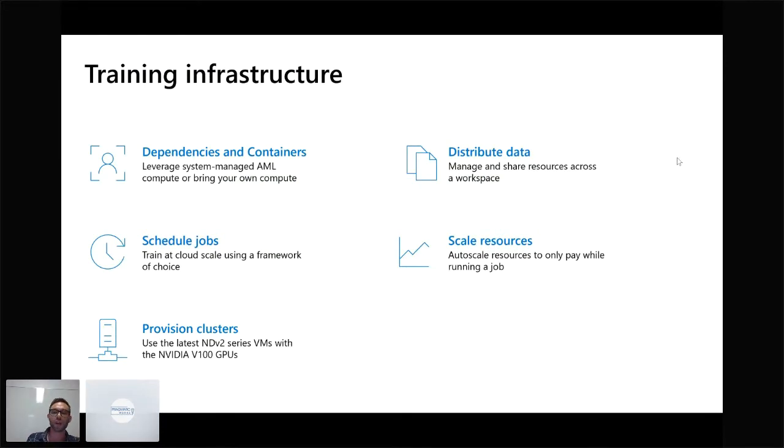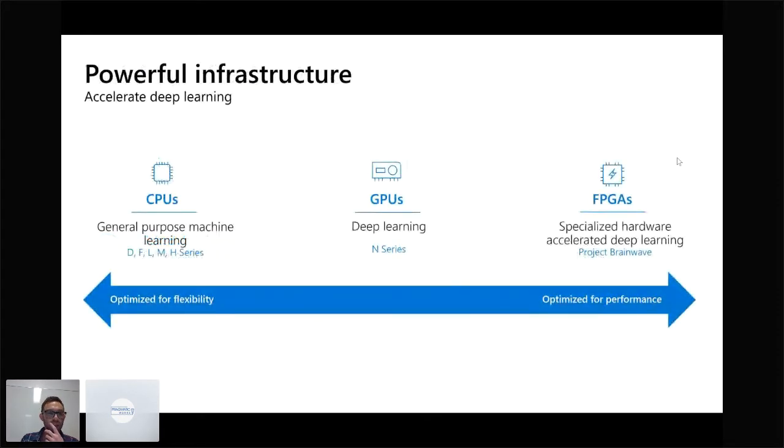These are some of the things you will not have to worry about when using the managed compute within the machine learning workspace. And just to touch on that, we do offer a variety of infrastructures. So we can go anywhere from a general CPU to a GPU for more deep learning models like TensorFlow, or we can even use FPGAs where you may want to customize for even higher performance.